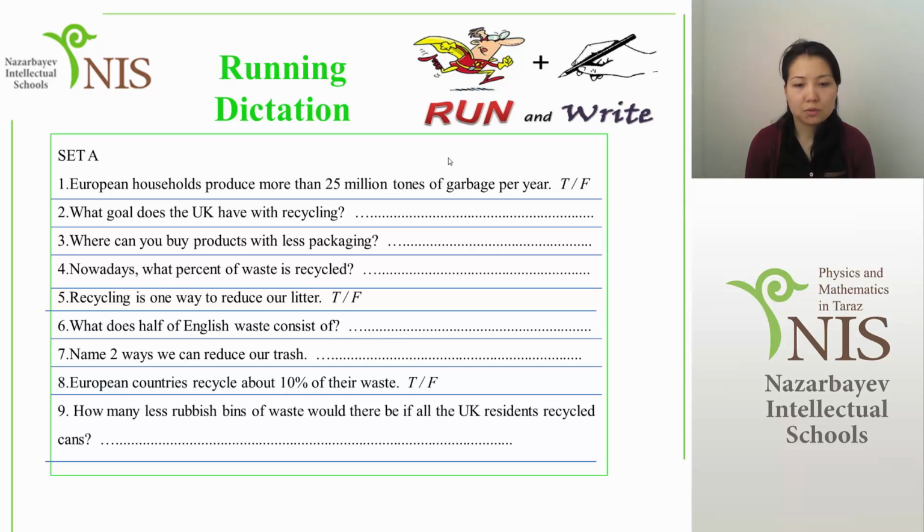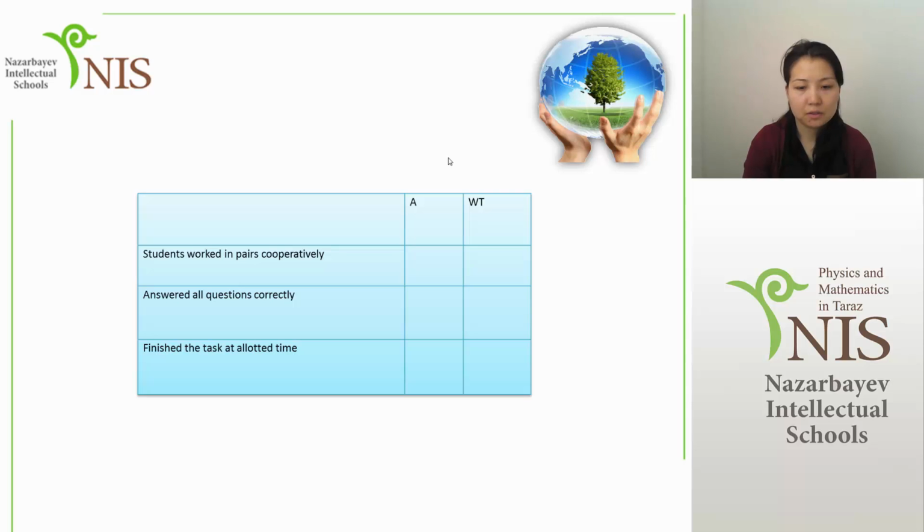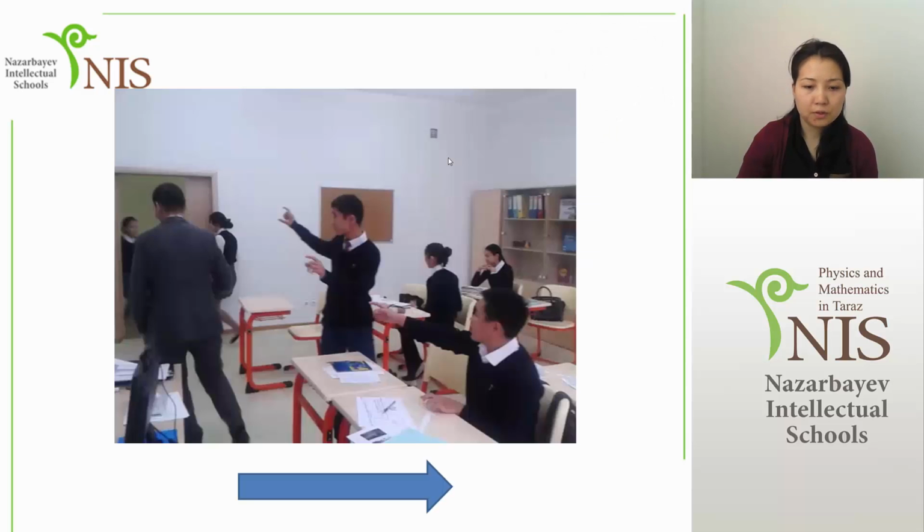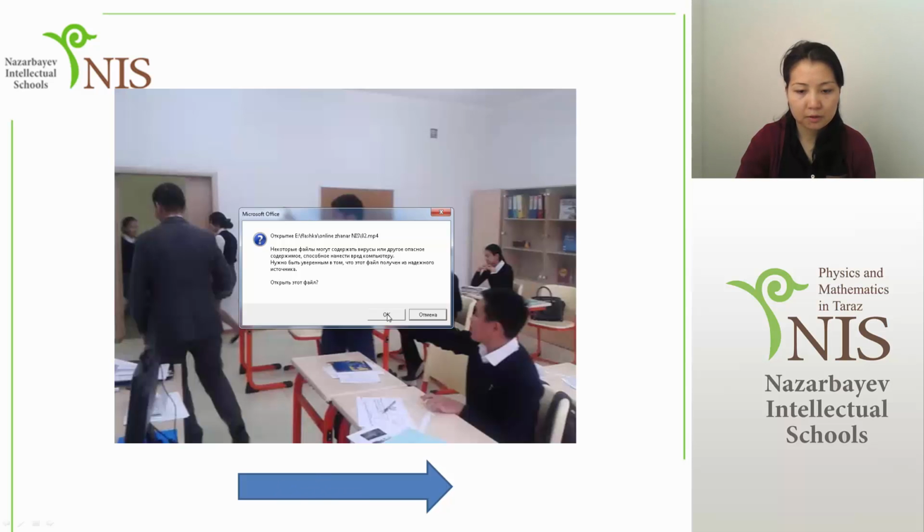When students finish, you can give the assessment criteria for this task: students work in pairs cooperatively, answer all questions correctly, and finish the task in the allotted time. You can see this activity in this fragment of my lesson.